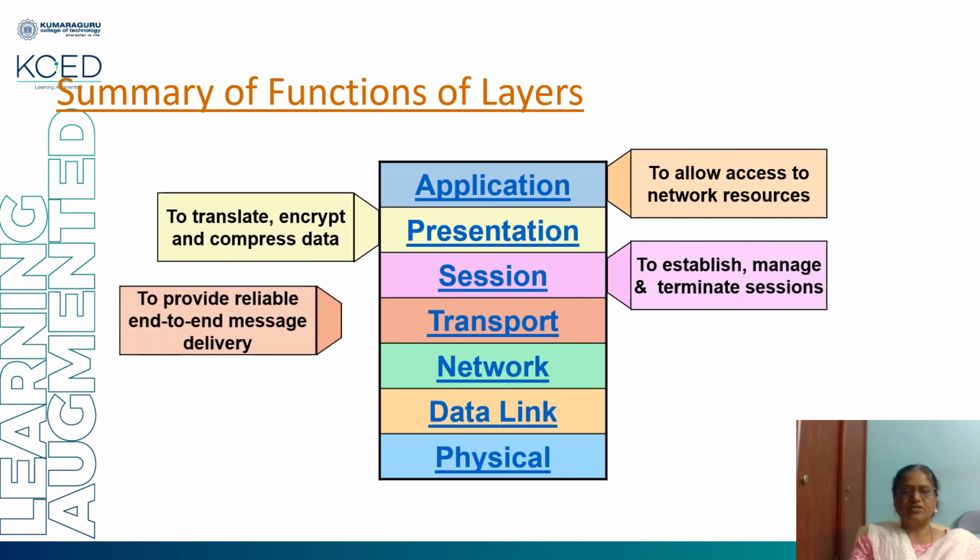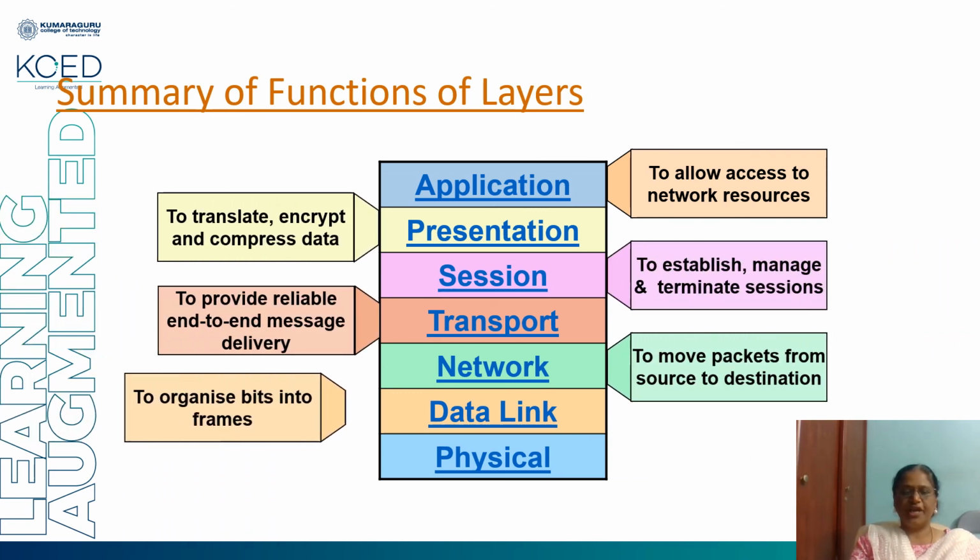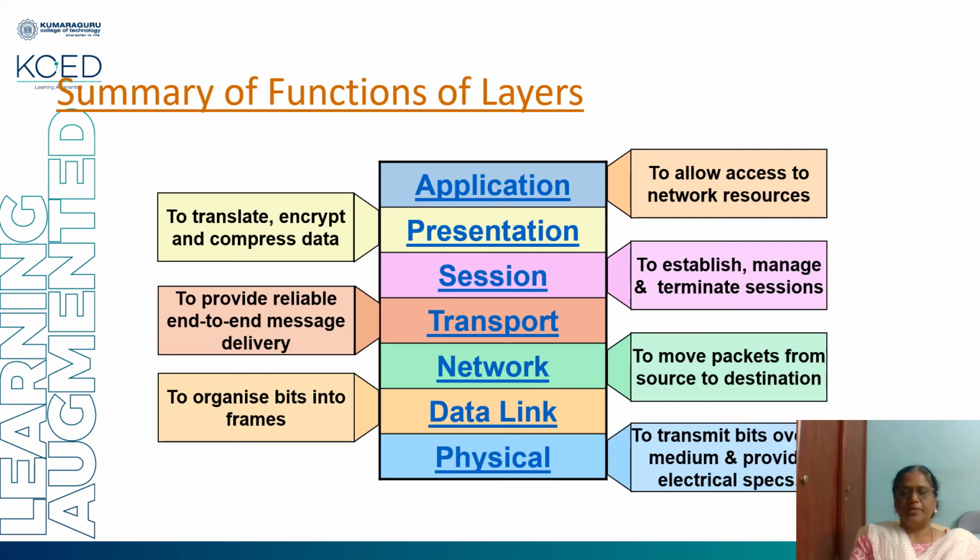To summarize the functions of each layer of the OSI model, the major function of the physical layer is to transmit the bits over the transmission medium and do encoding and transmission. Data link layer: framing, error control, flow control, media access control.